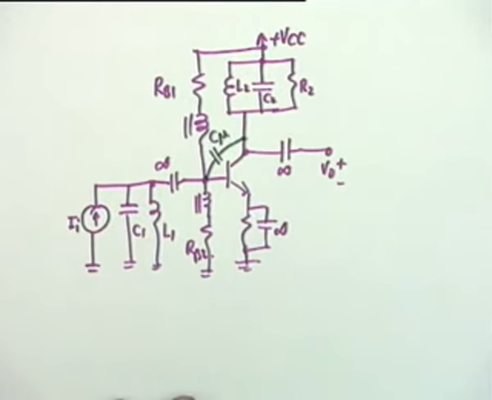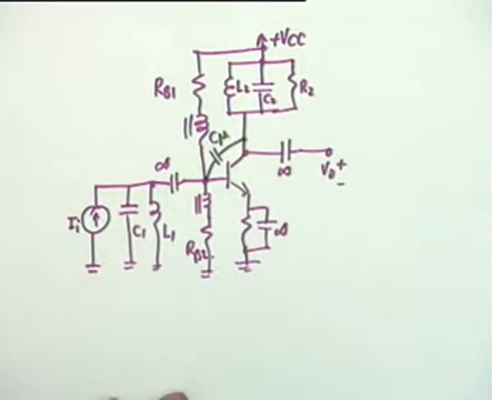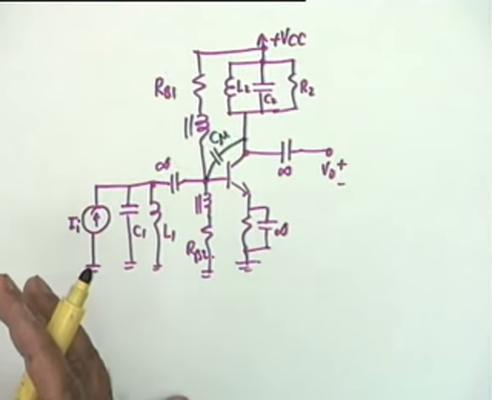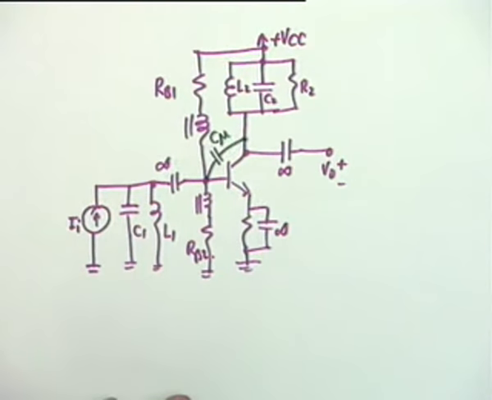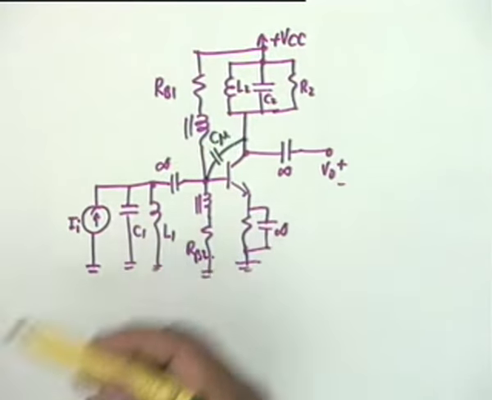One may argue that C mu can be reflected as a Miller capacitance at the input. How would you reflect? Because this load is no longer a purely resistive load, and therefore what will be reflected is not a pure resistance, but it would be resistance and reactance, alright, and therefore this will totally detune the input tuned circuit.